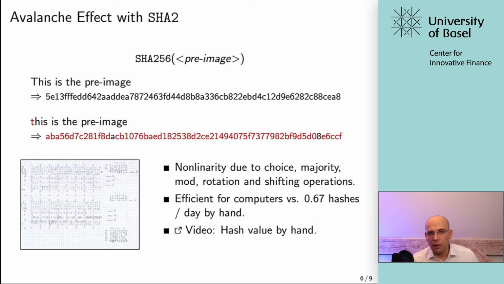Now, for the non-computer scientists, don't get confused by the letters in this number. That's just hexadecimal, base 16, and base 16 uses, besides 0 to 9, also the letters A to F. It's quite easy to map to bits. Each letter corresponds to 4 bits.